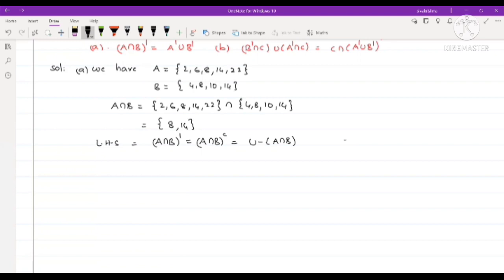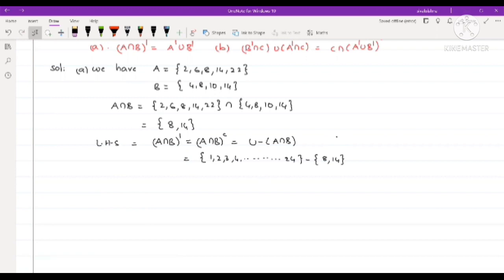It means we have to write the set U first. So U is nothing but 1, 2, 3, 4 and so on up to 24, minus A intersection B, which is nothing but 8, 14.